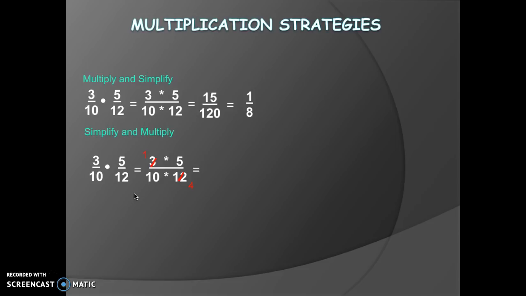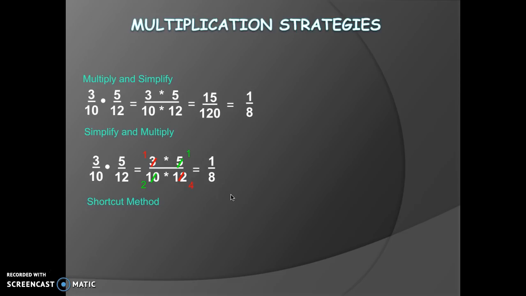So I'm simplifying first before I multiply. 5/10, and remember, you can mix up these fractions as long as it's a number on top with any number on bottom. So 5 divided by 5 is 1. 10 divided by 5 is 2. So now when I multiply across the top, I get 1, and then across the bottom, 2 times 4 is 8. And my answer is already simplified. I don't have to try and work with these big numbers.